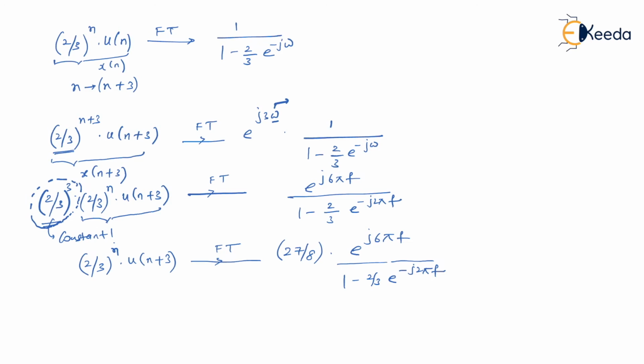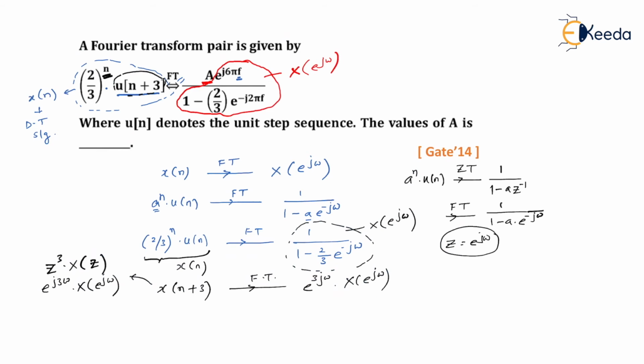And now if you refer to the question carefully, it was already there and it was a. So the value of a is simply 27 by 8. They were asking you the value of a, it is simply 27 by 8. Of course you have to put it into a calculator, do 27 by 8, and whatever answer you get, write it in the fill in the blanks, because in GATE now you get two types of question.